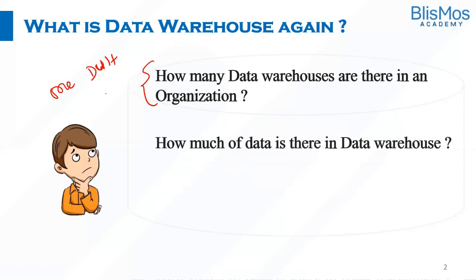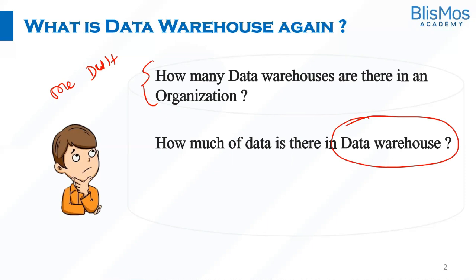Now that we understood we have one data warehouse as a part of the organization, how much data is there in a data warehouse? Is it one record, two records, 100 records? We have millions and millions of records as a part of the data warehouse.